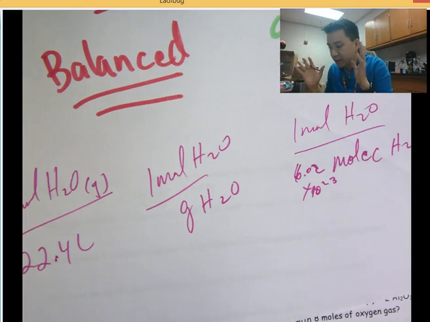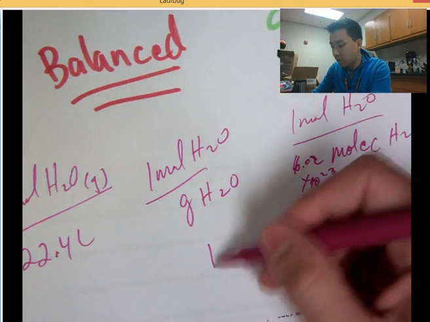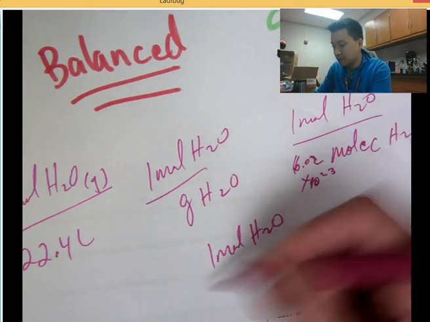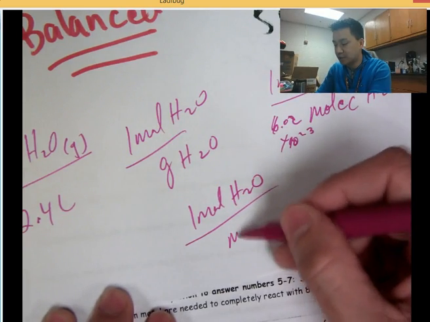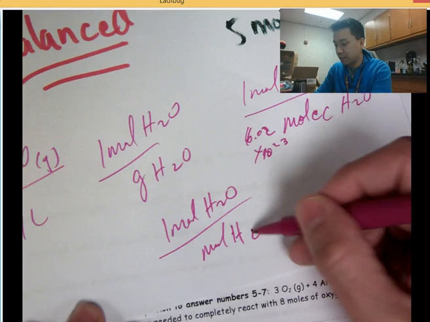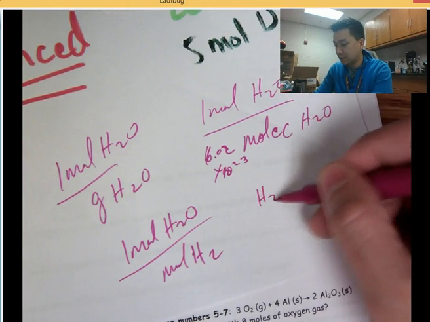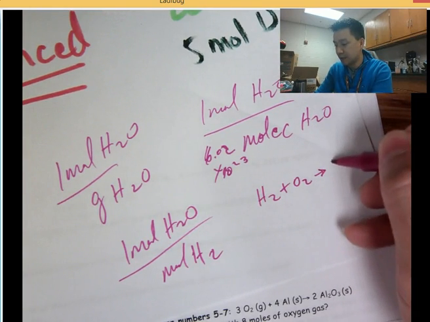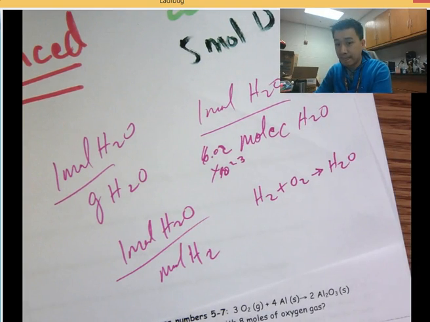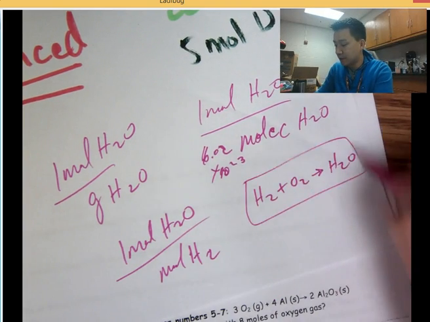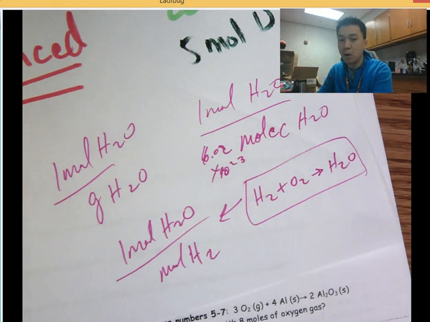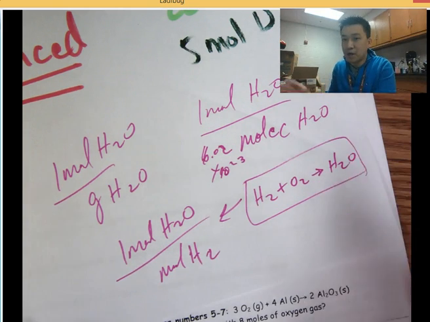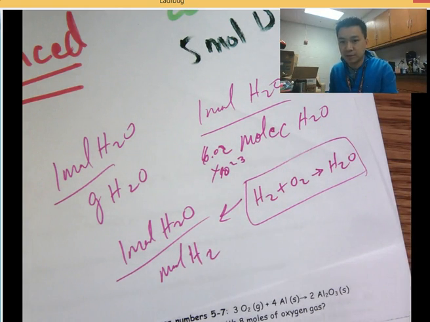So when we deal with an equation, we can go 1 mole of something, 1 mole of H2O is compared to another mole, let's say mole of H2, in the equation of hydrogen plus oxygen gives you H2O. Okay? We have an equation. In order for us to use the mole over mole, we have to have an equation to compare 2 different things, 2 different compounds or molecules.